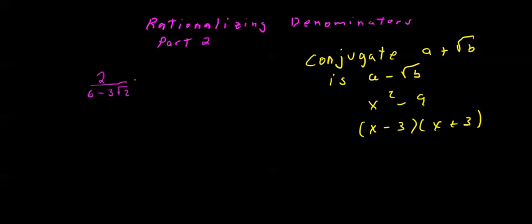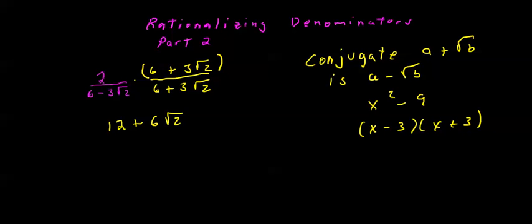So we're going to multiply by the conjugate, which is 6 plus 3 square root of 2 over 6 plus 3 square root of 2. And when we do that, the numerator gets distributed. 2 times 6 is 12, plus 2 times 3, 6 square root of 2.